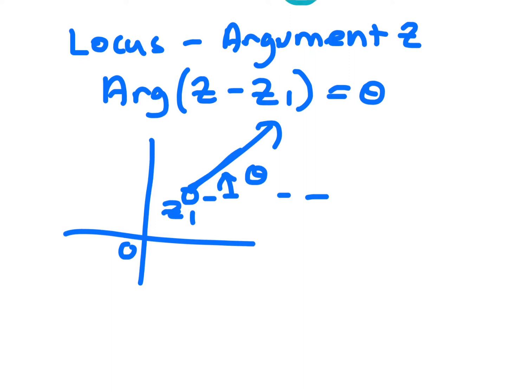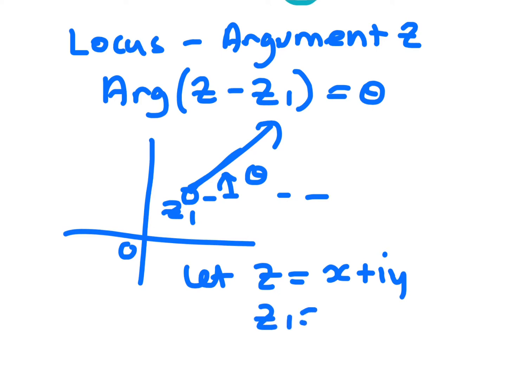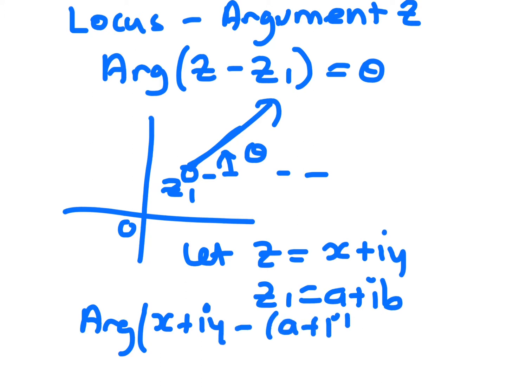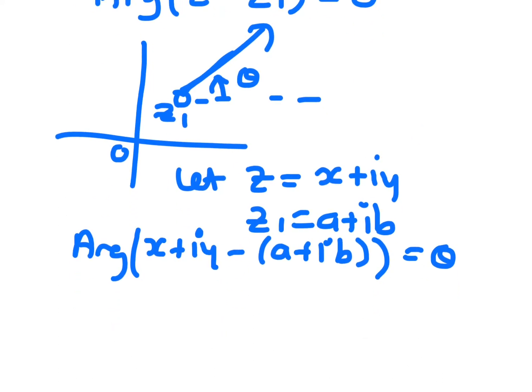So if you look at this from scratch and you let z equal x plus iy and z1 be a plus ib, then that would be the argument of x plus iy minus (a plus ib) equals theta.